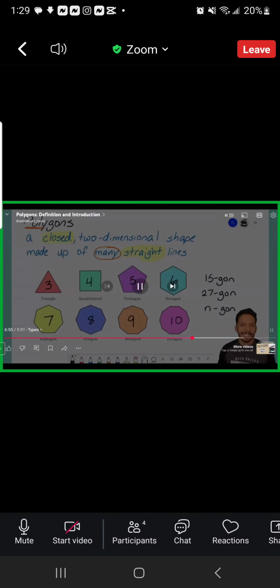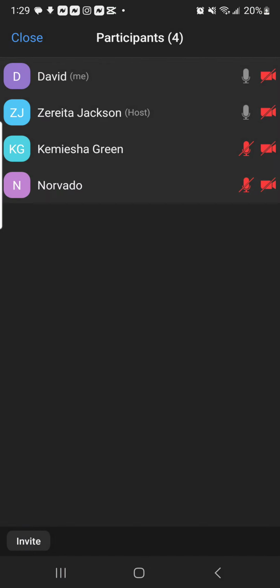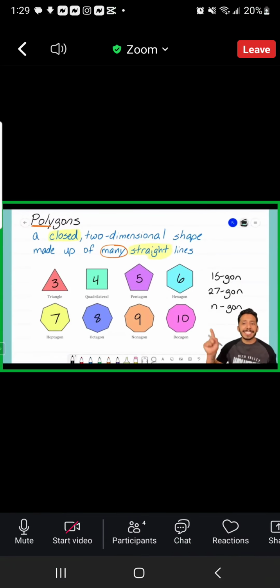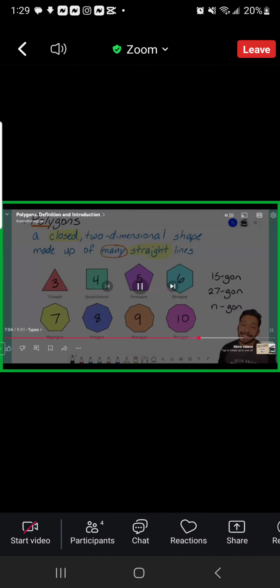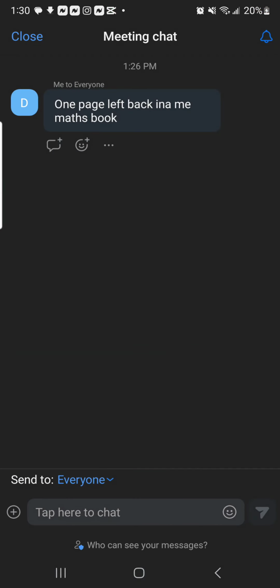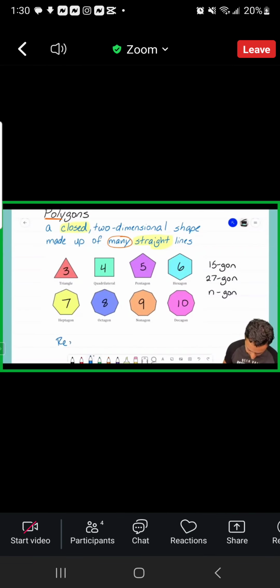You're starting to get the gist that as we get to these larger polygons that we really don't want to be trying to draw out, that's going to be our naming scheme. Now you might notice some very special characteristics about these polygons here. And in fact, all of these polygons happen to be what we call regular.